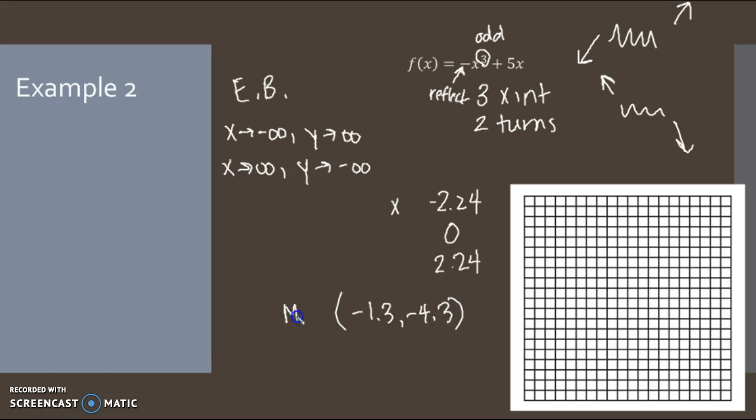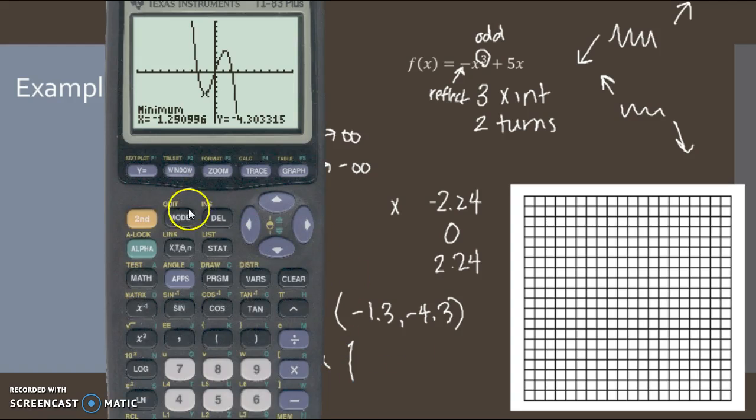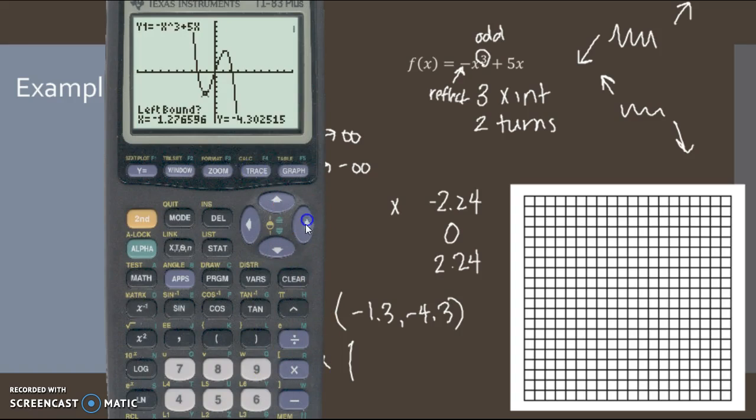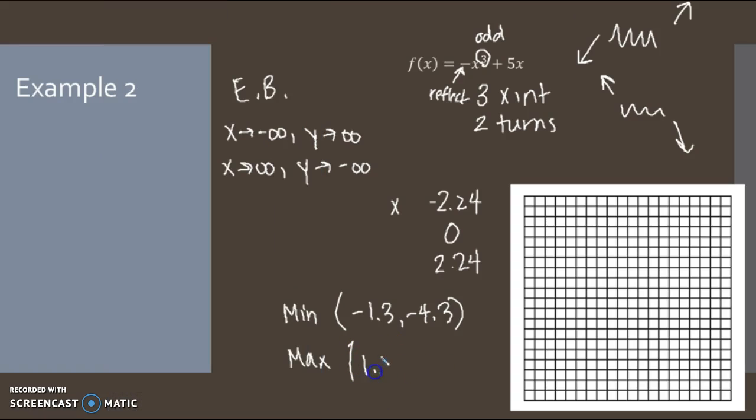That's a minimum. And then for my relative max, I'm going to go second trace, number 4 for maximum, scroll over to the left side, enter, scroll over to the right side, enter, press enter for it to guess, and I get 1.3 and positive 4.3.